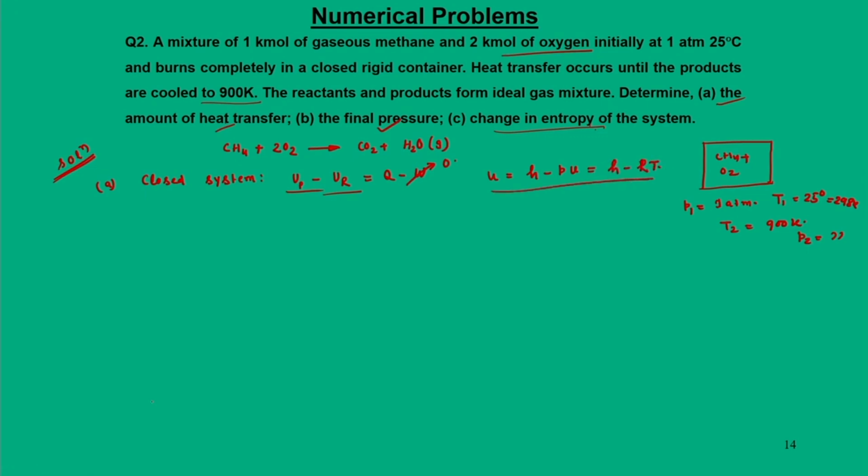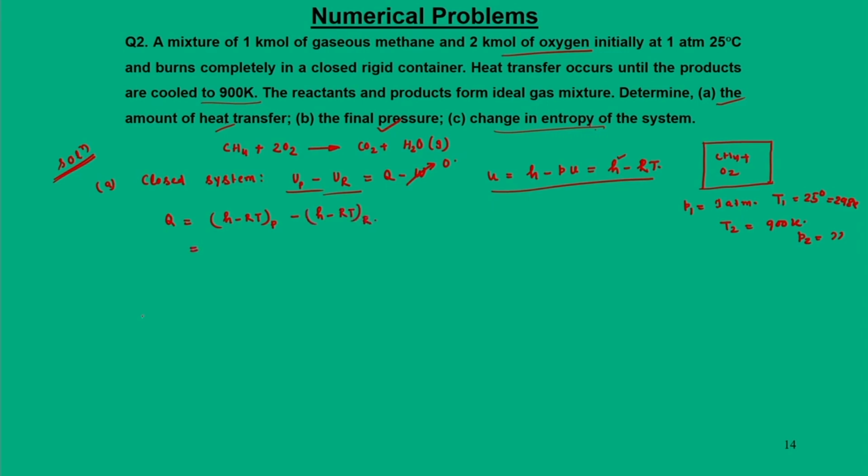So U information we get through temperature only. From this we can write Q, the final quantity of heat transfer. Q is equal to (H minus RT) for products minus (H minus RT) for reactants.